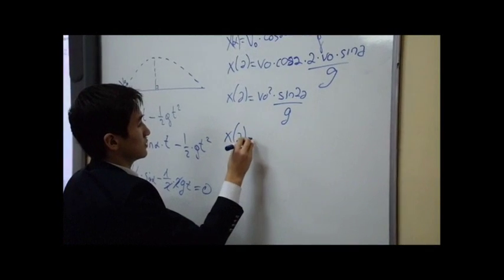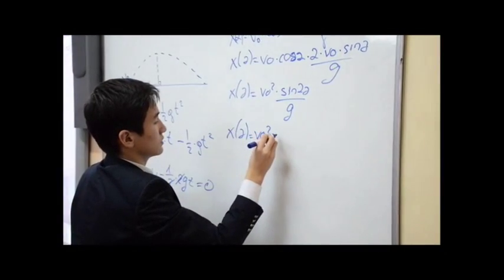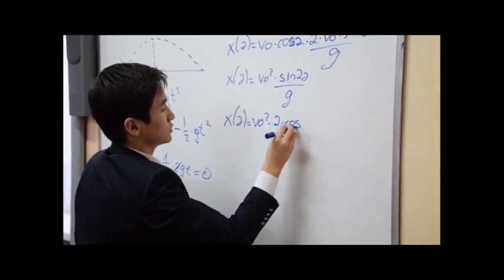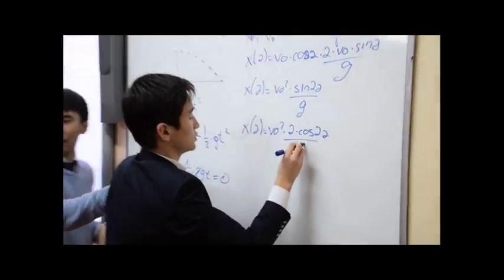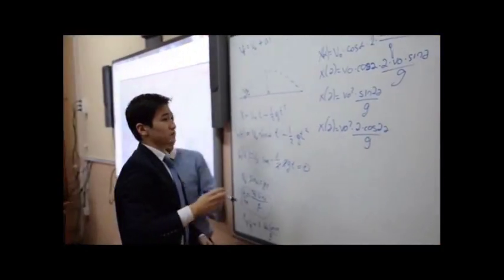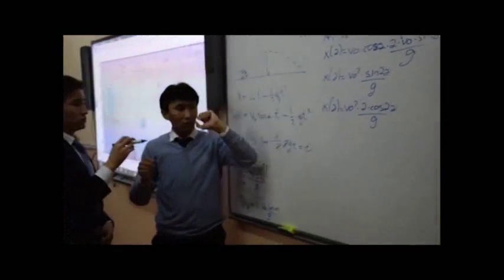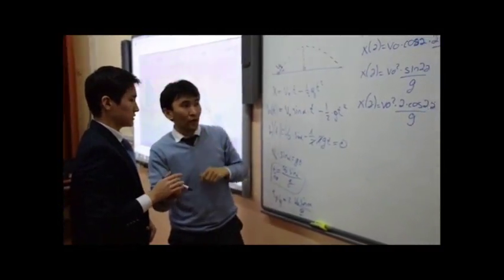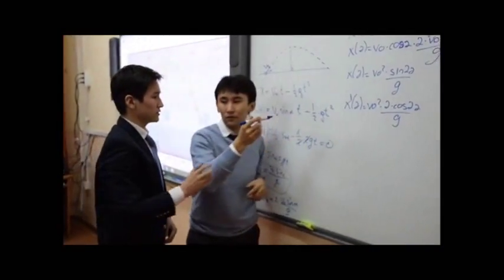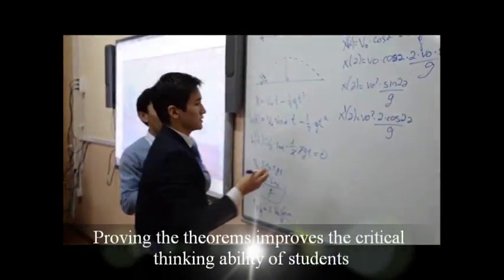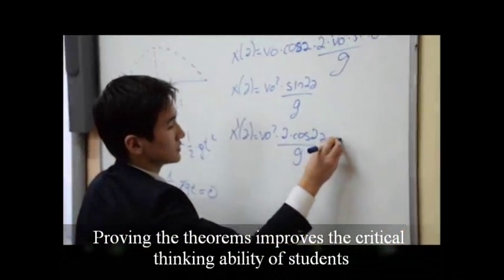Now we take the derivative of sine 2 alpha, which is 2 multiplied by cosine 2 alpha, and we must equate it to 0.